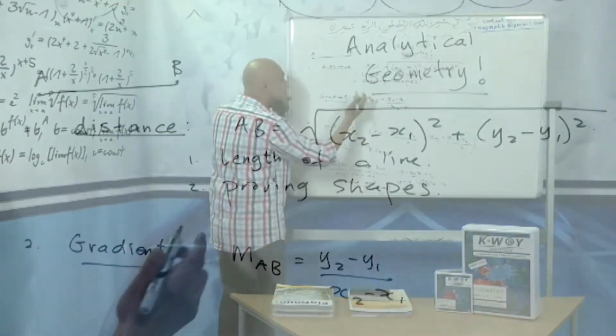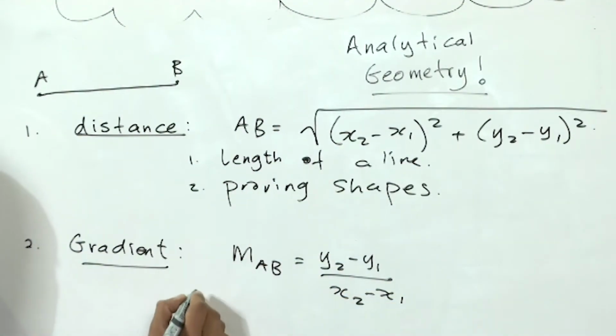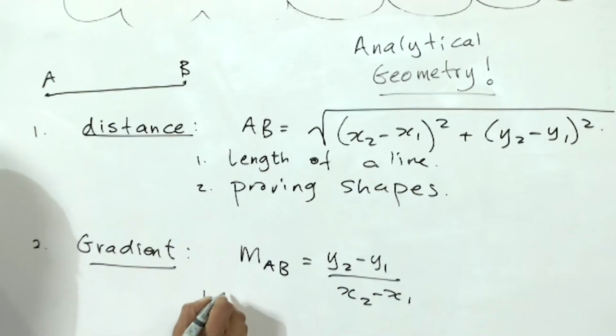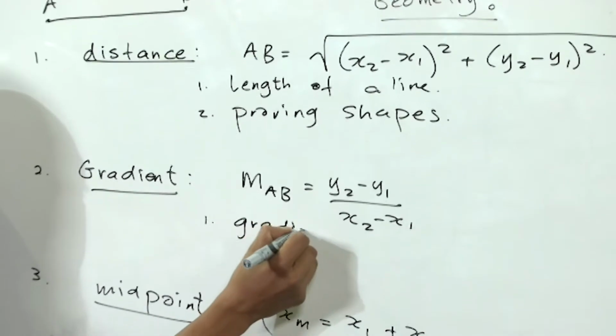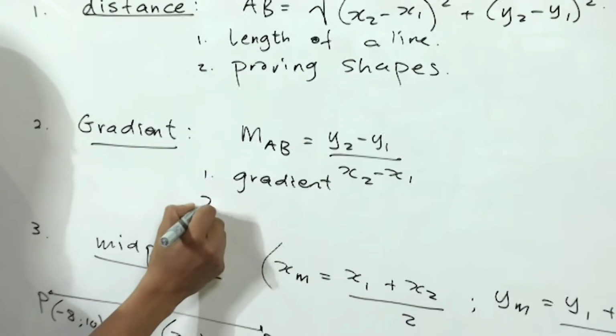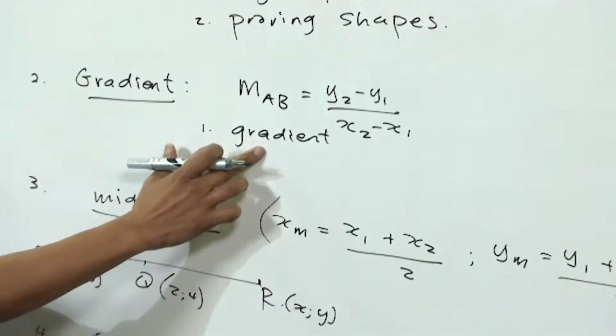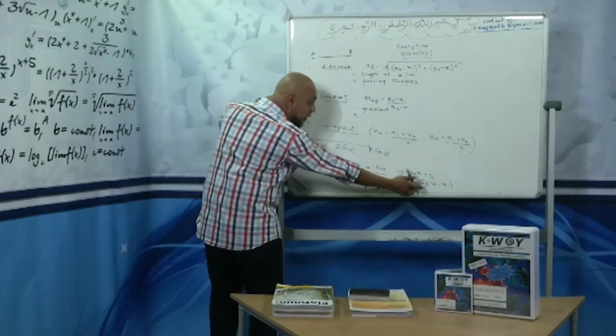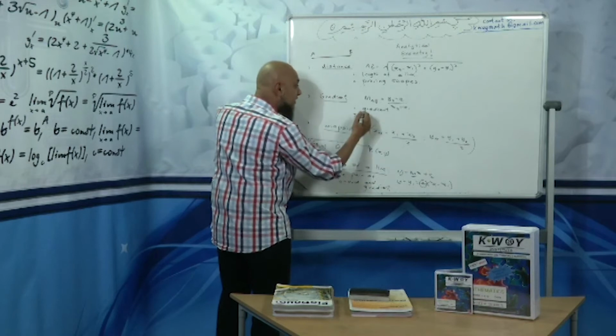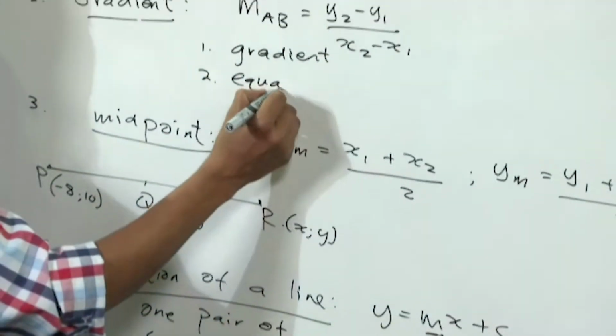Gradient formula. We also use it, number one, for calculating the gradient of a line, or the slope. Number two, why would we need the gradient of the line? Obviously to get the equation of a straight line. So we're going to be using the gradient to find the equation of a line.